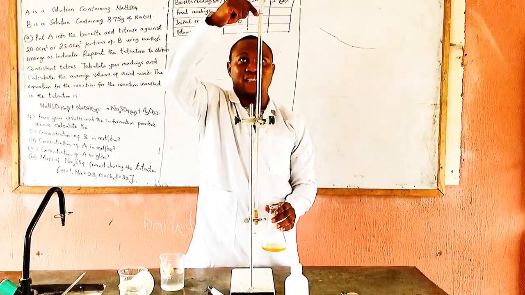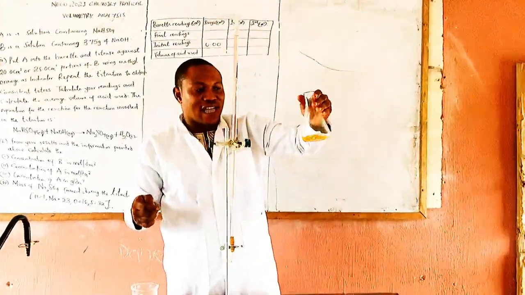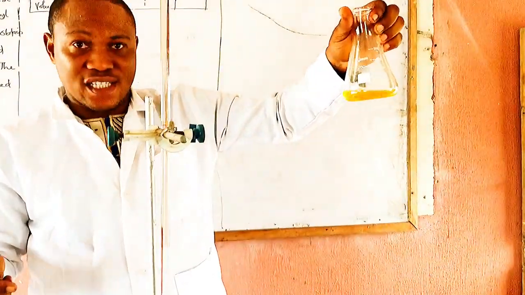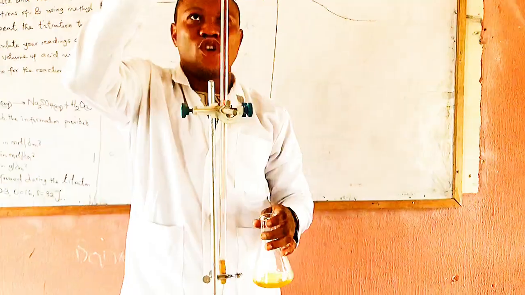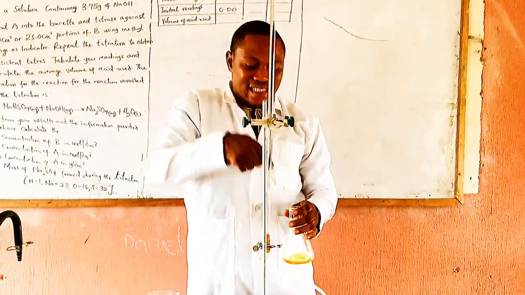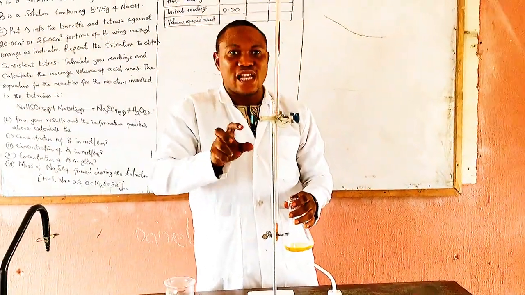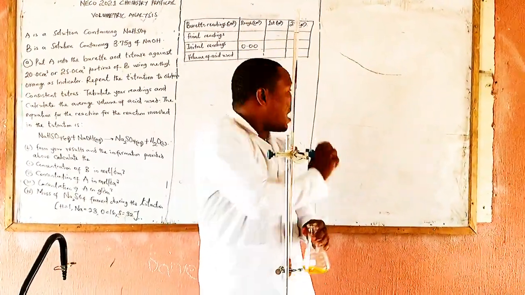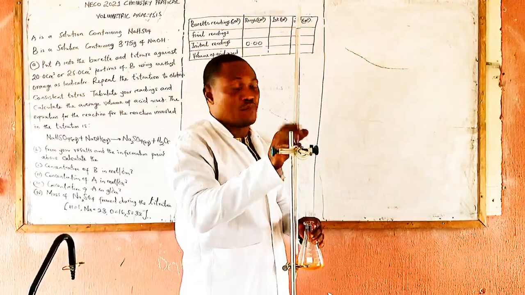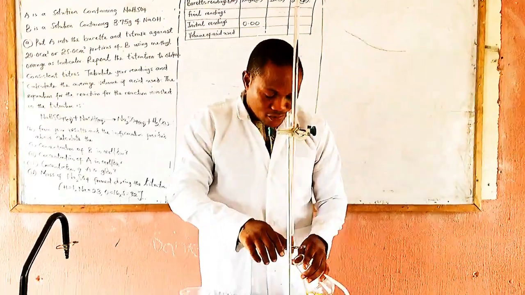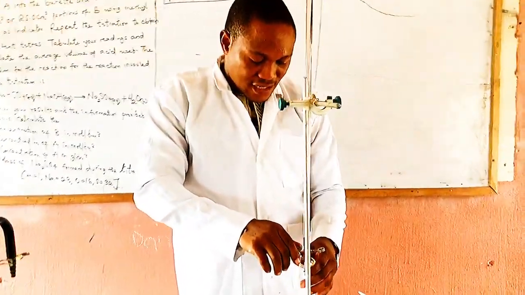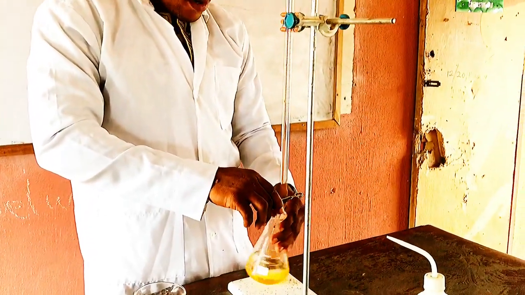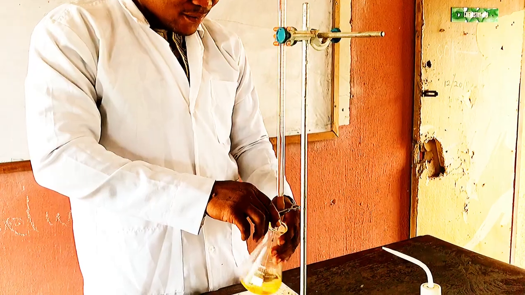Look at the color before I start titrating. Look at this color, it is yellow. Now immediately I start running this acid into the conical flask, and I notice any color change, meaning neutralization has taken place, I need to stop and record the readings in the table. So we gently begin to run it into my conical flask.